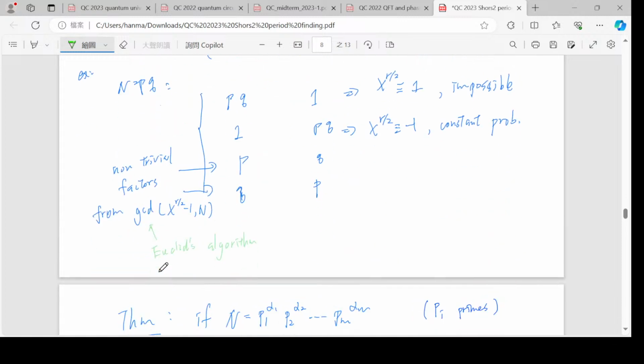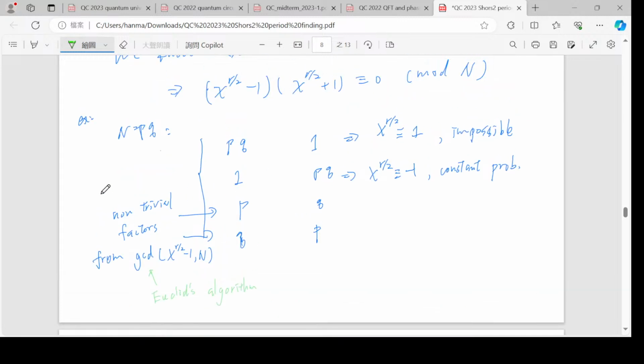And then finally, you have 2 other cases. The 2 other cases are where P and Q are evenly distributed between this one and this one. Both of them have a non-trivial factor of n. Say you take the first one, X^(R/2) - 1, and so you have a factor p here but don't have a factor q here.